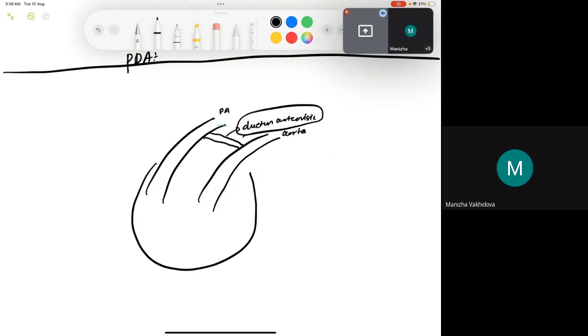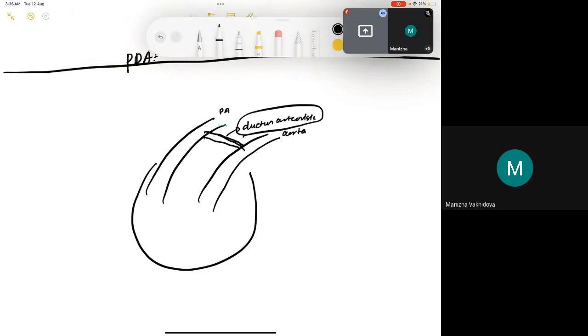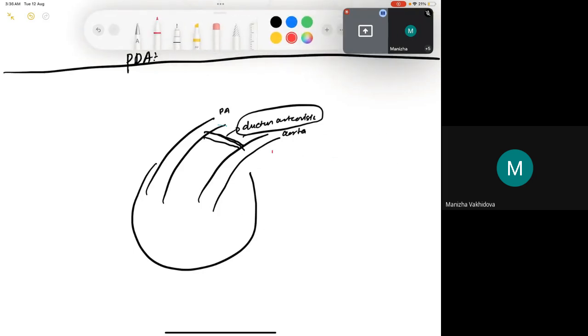Normally, after birth, the ductus arteriosus is supposed to close. But if we do not have proper closure, we can have a left to right shunt, because after birth the left-sided pressures are really high, so the blood is going to flow back here.